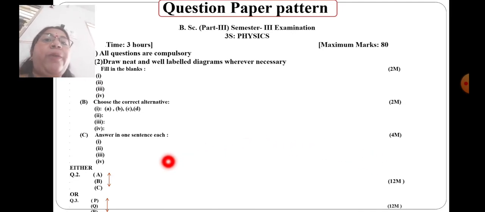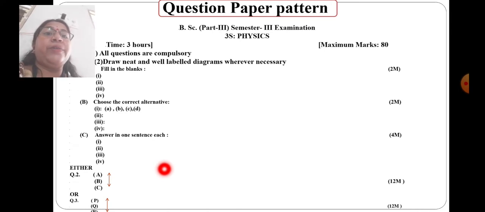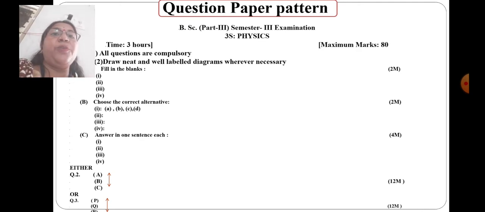In the same way, question numbers 2 and 3 will be asked on unit 1 only. We can say the first half of unit 1 for question 2 and the other half for question 3, but sometimes it may include both parts in both questions.